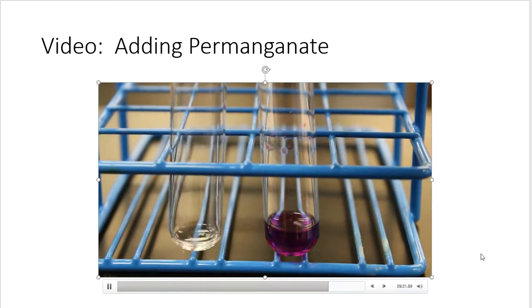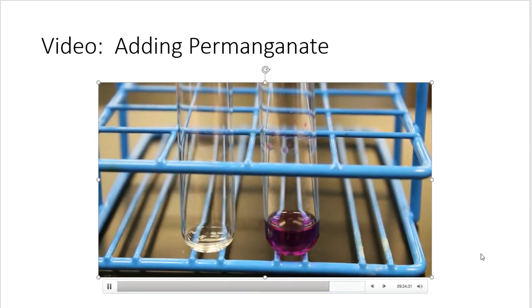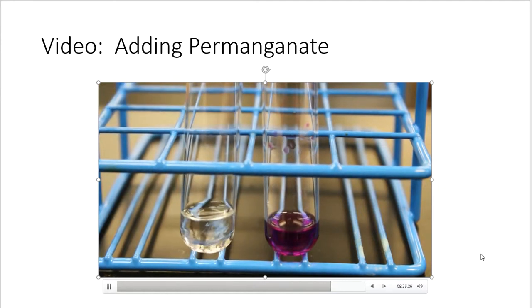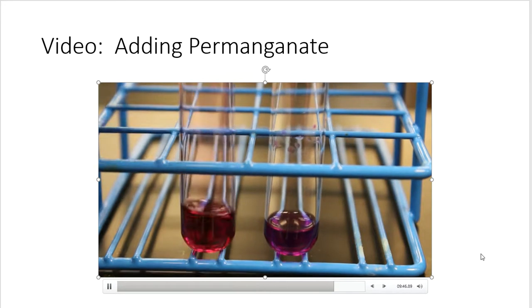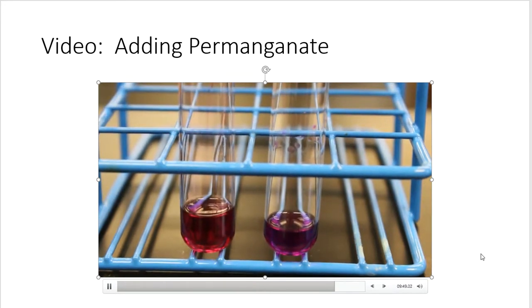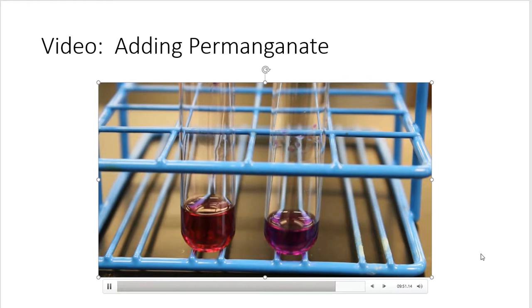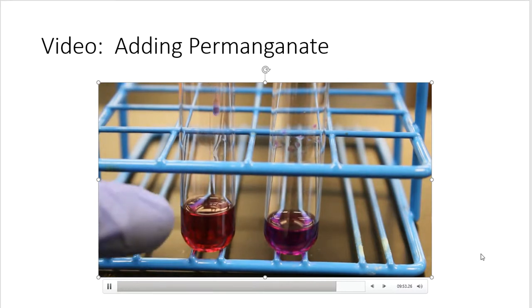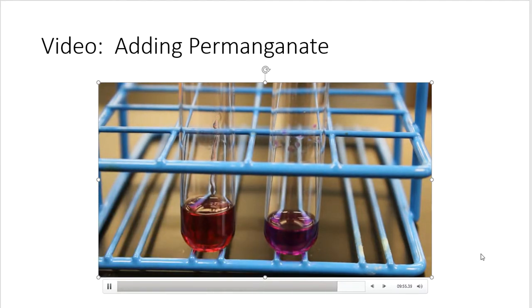Next up is unknown 1. 1 ml of acetone, 2 drops of permanganate, 1, 2, give it a shake, and look at that, one's reddish, one's purplish.